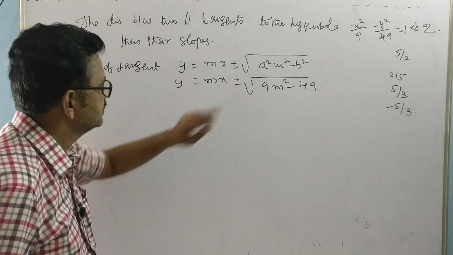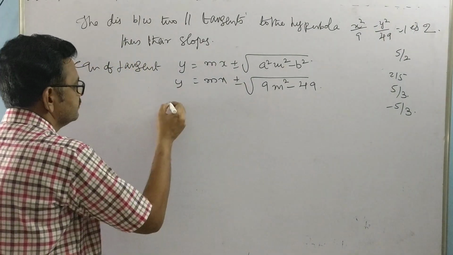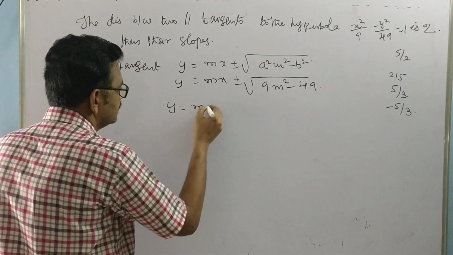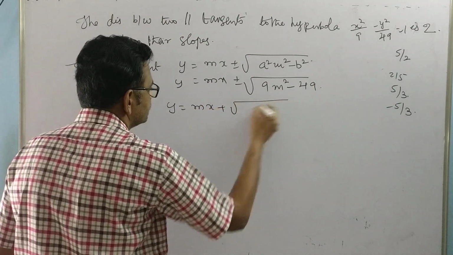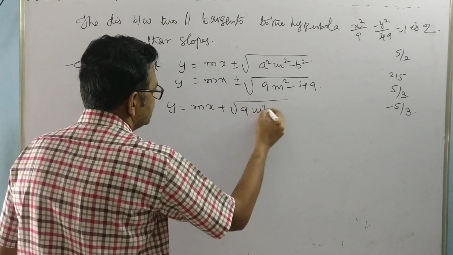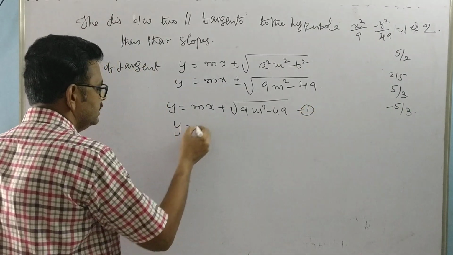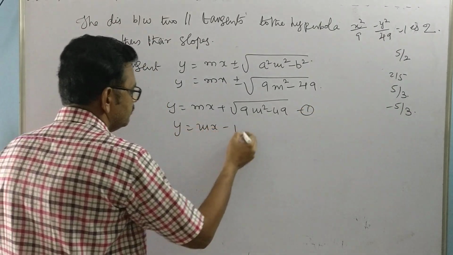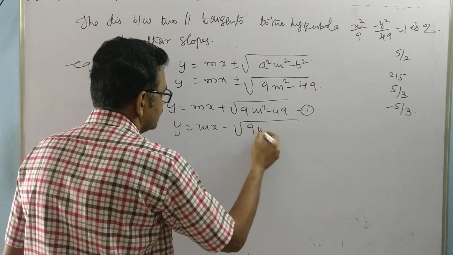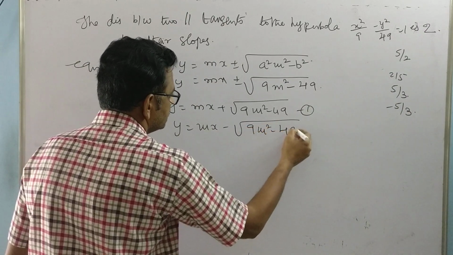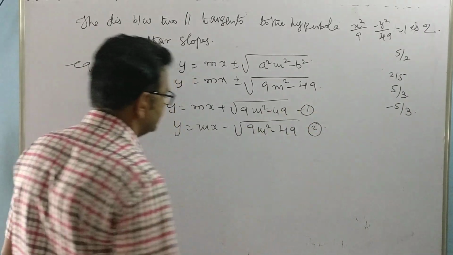If you take plus, you get one equation: y is equal to mx plus root of 9m square minus 49. The second equation is y is equal to mx minus root of 9m square minus 49.